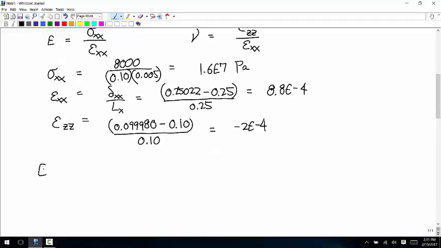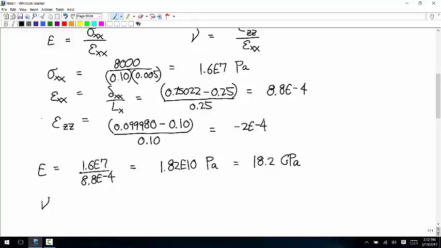And so the Young's modulus for this material is 1.6 times 10 to the 7 divided by 8.8 times 10 to the minus 4. And what do you get for that? 1.82 times 10 to the 10th pascals, or that's 18.2 gigapascals.